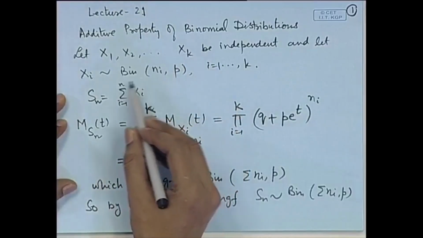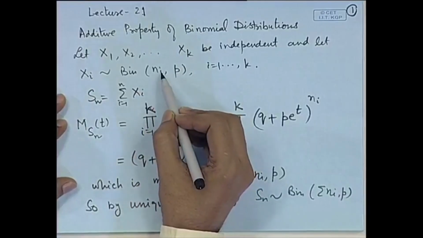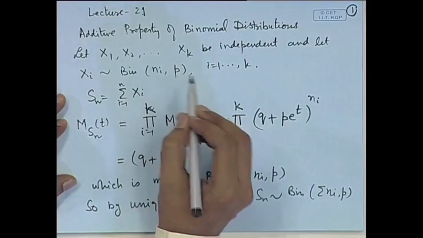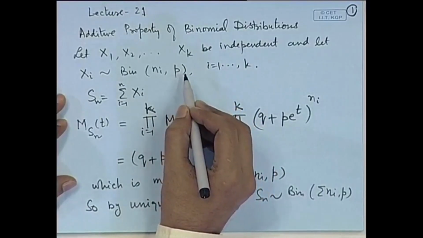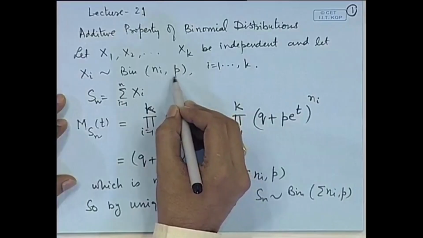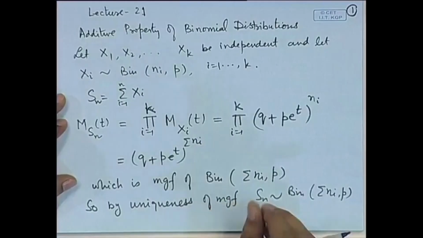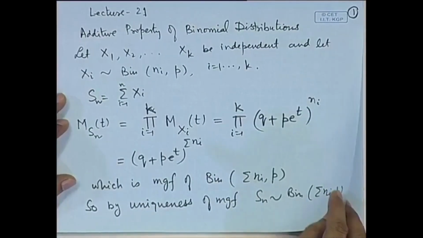Therefore, sigma Xi can be considered as the total number of successes in n1 plus n2 plus ... plus nk independent and identically conducted Bernoullian trials, where the probability of success is p. So this physical fact is confirmed by the additive property, which we are able to prove using moment generating functions.